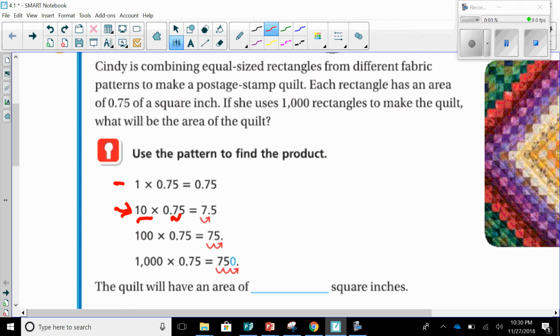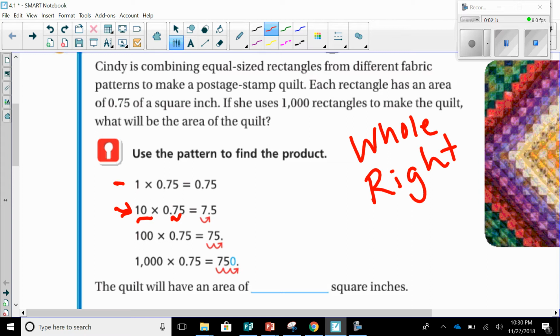This is another way that we talked about it. 1, 10, 100, and 1,000 are whole numbers. So if I have whole numbers, that means I'm going to move to the right. The way I think about that is W and R are towards the end of the alphabet.